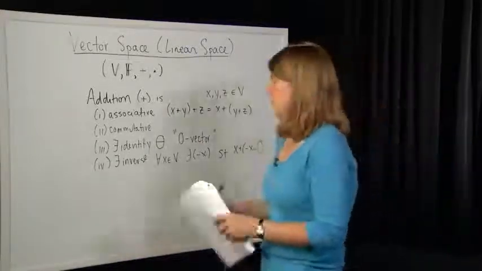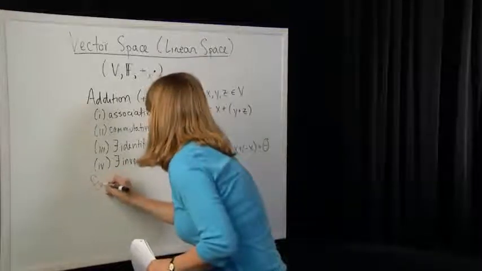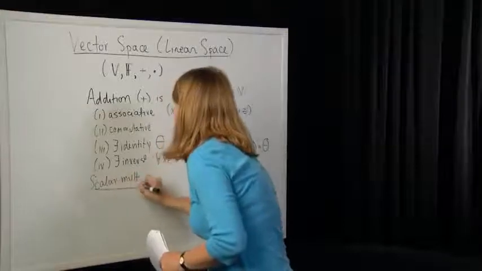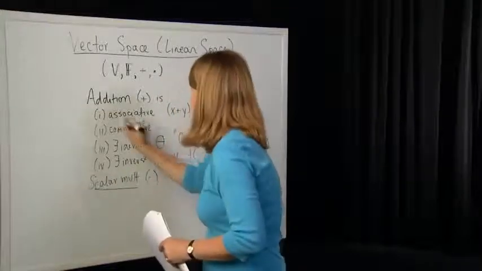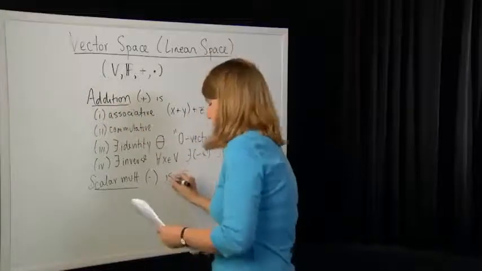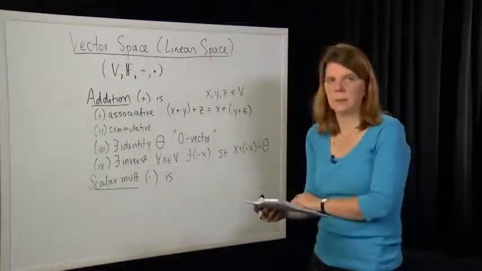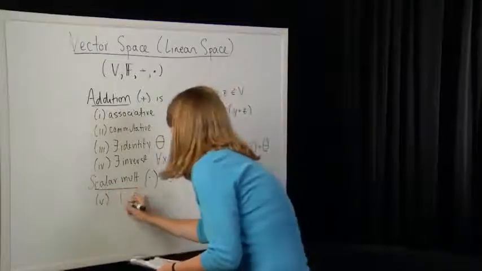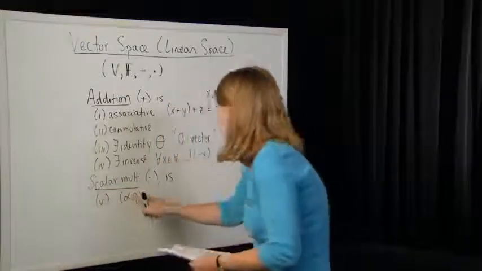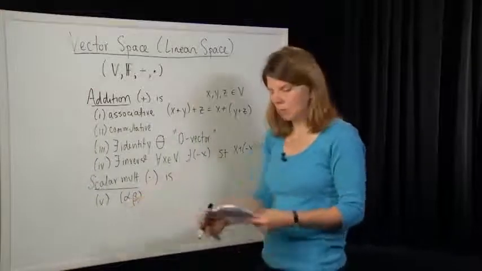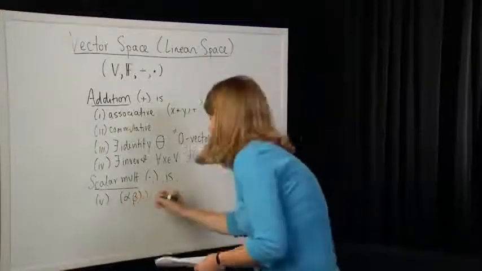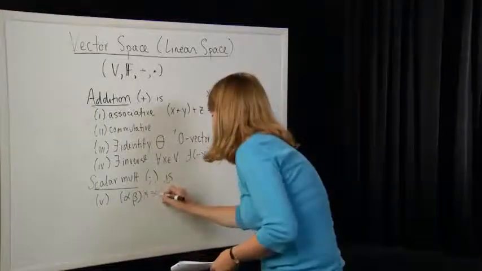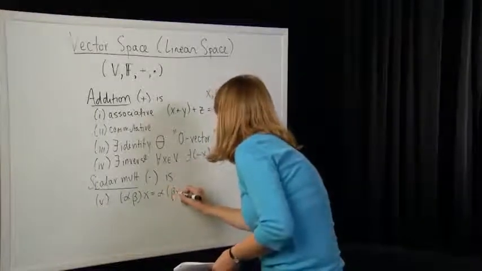And then scalar multiplication. So scalar multiplication, we have a set of rules for. Scalar multiplication, well, it satisfies the following properties. If you take two scalars, alpha and beta, and you multiply them together using the operation from the field, and then you multiply that by a vector in V, x, that's equal to alpha times beta x.